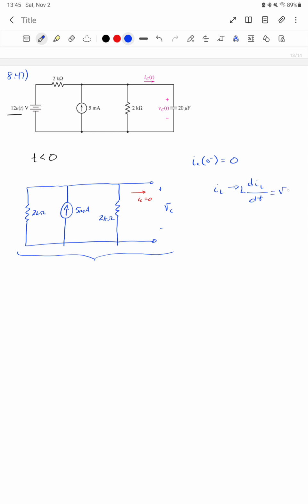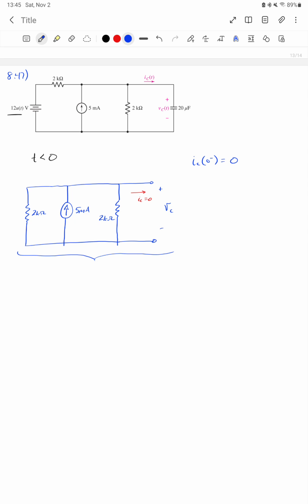And what is this value? It's VL. So you're going to be wanting a lot of voltages because that's what the derivative of your IL is. However, this again is not an inductor problem, so we're going to go back to trying to find this VC and the rest of the values needed here.